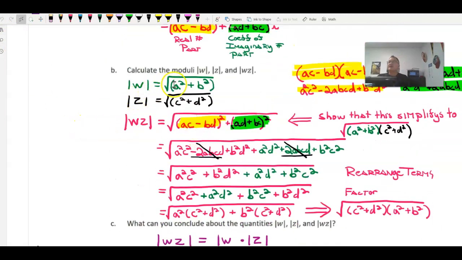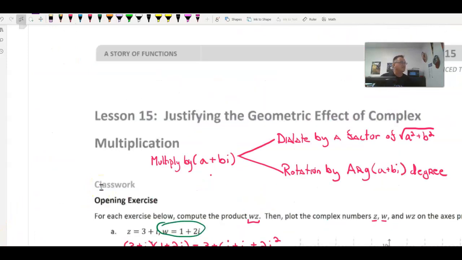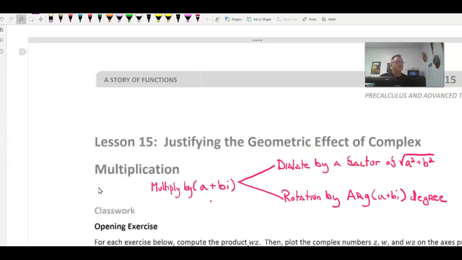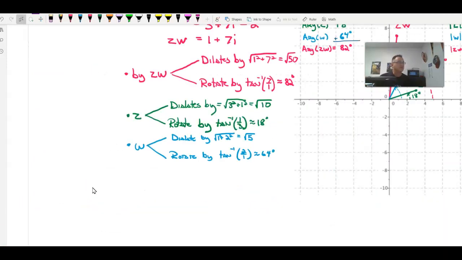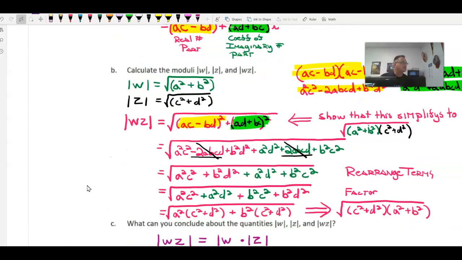Okay, that right there, that was the justification for this rule. See, so there was two things that we have now justified, because that's the title of these notes. It says the justification of the geometric effect of complex multiplication. Okay, so here's the justification for this rule.